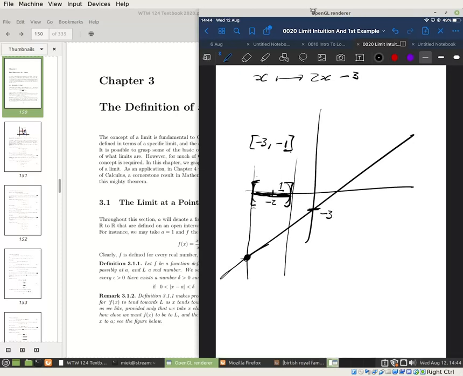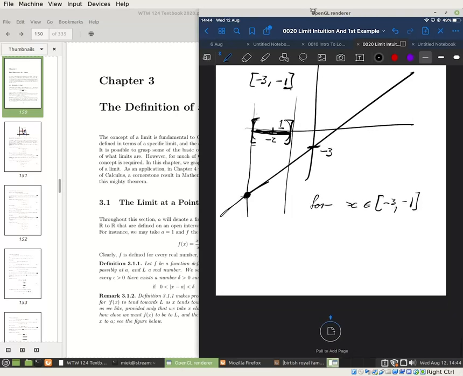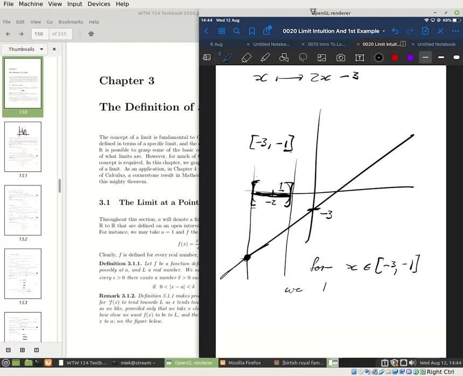So for x in the interval from minus 3 to minus 1, we have that the absolute value of 2x minus 3 is less than or equal to 9.